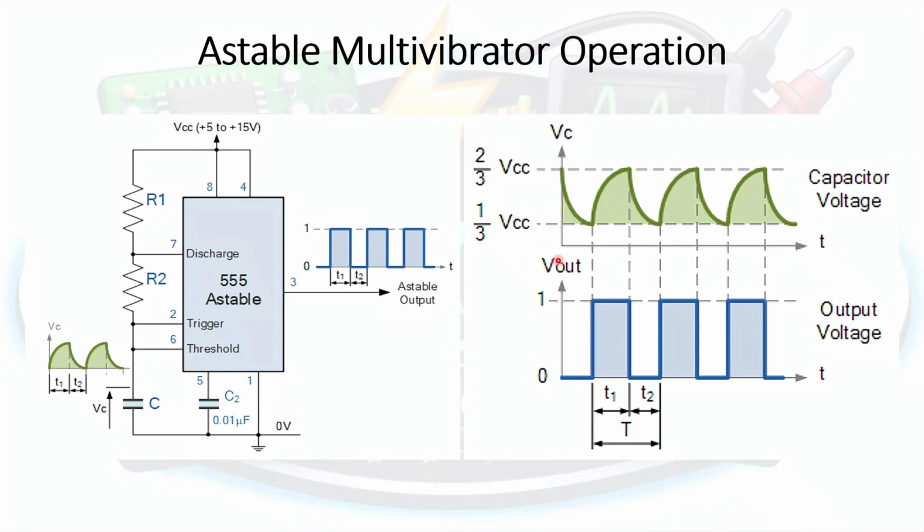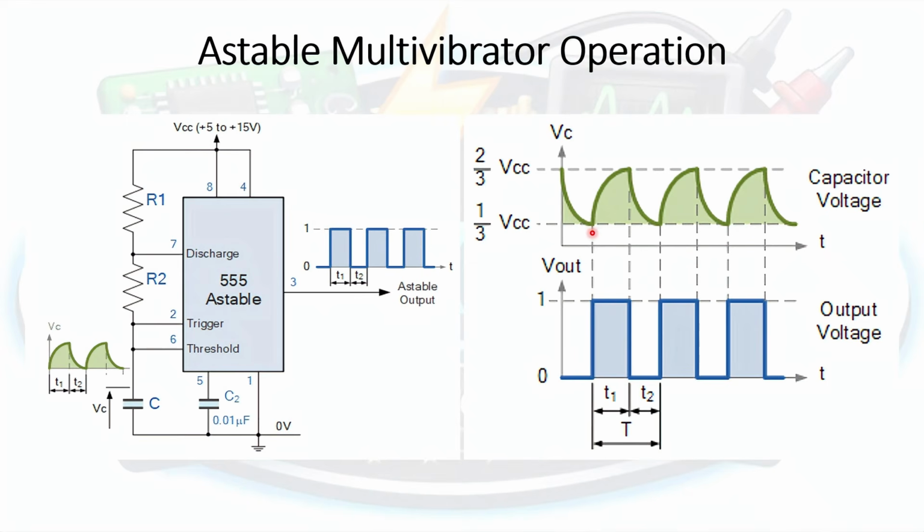Once it reaches that, the LED will turn on. Why? Because the capacitor at that point is on this rising edge, this curve. So during the charging time of the capacitor, the LED is on.